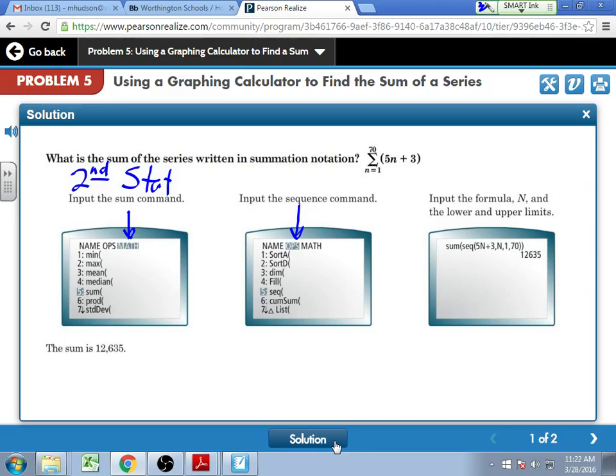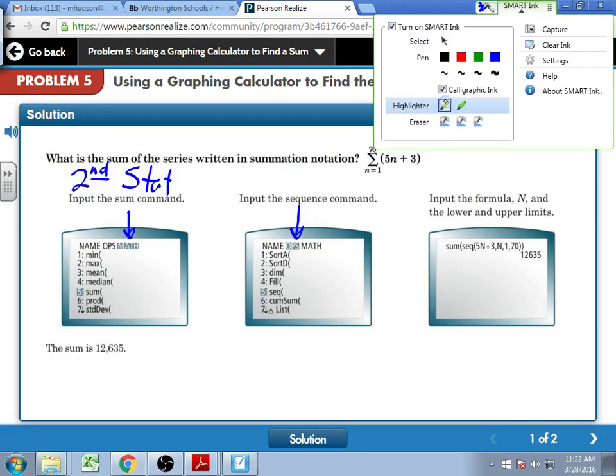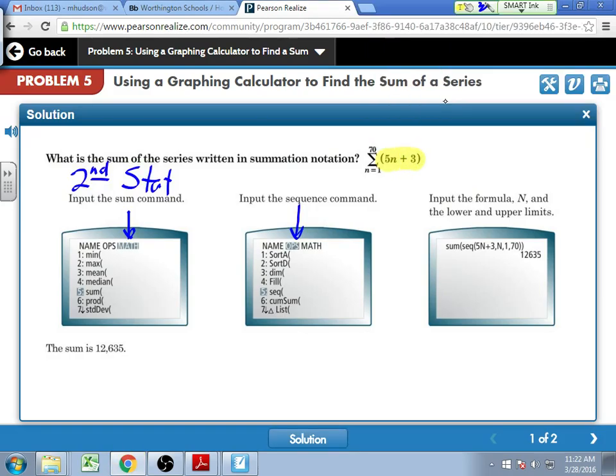Then I put in what my notation is, 5n plus 3 in this case, because that's my notation. And then I tell it my variable, n, then my first term, then my last term. So you have to tell it the expression for the series, and what variable is being used. Then your first, and then your last.